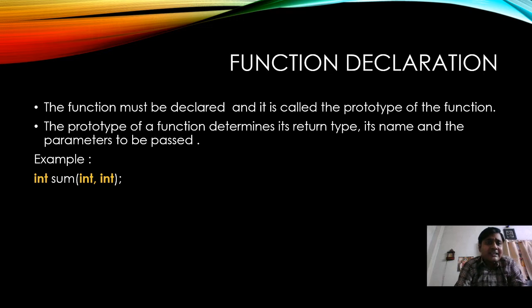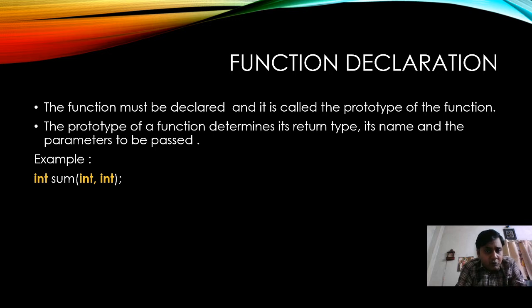Now why is a function declared? A function is declared to determine its return type, its name and the parameters to be passed. In this example I am using a function to find the sum of two numbers. So necessarily, if I want to add two numbers through a function, the function should take two numbers as input.